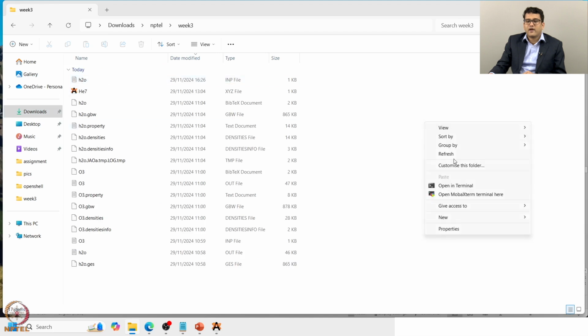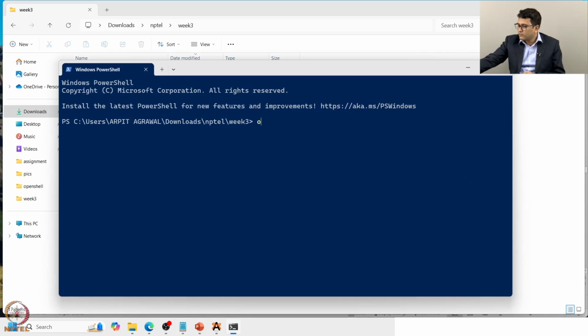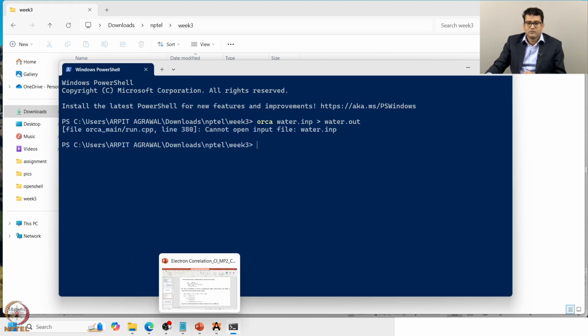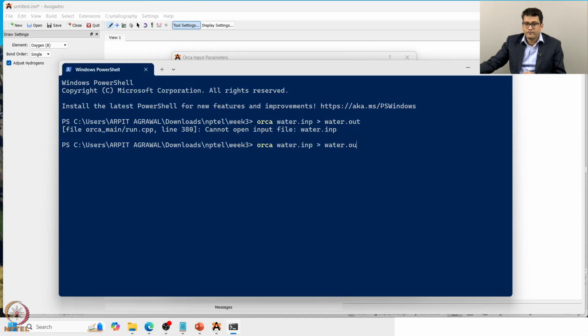So, I open my file here, open in terminal. Now, I saved it as H2O.